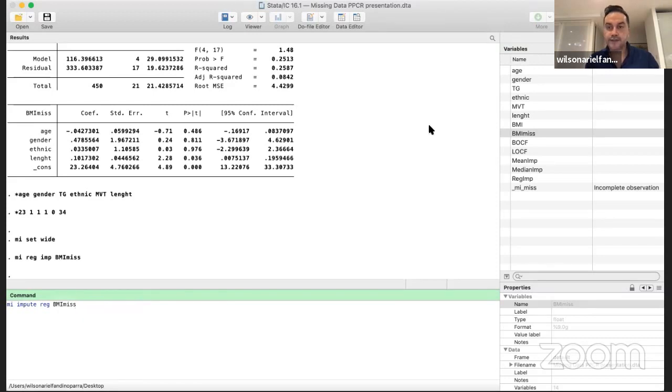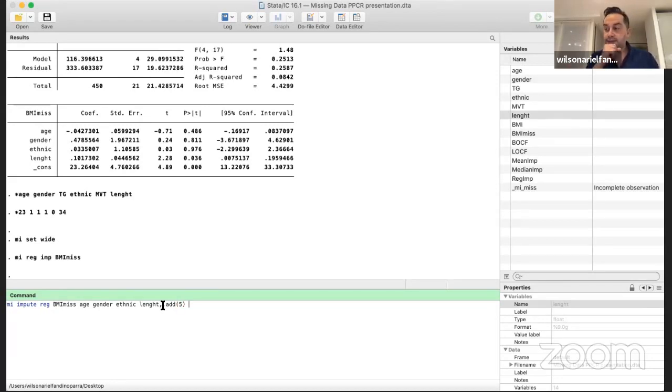And then you just need to include the variables you are interested in: age, gender, ethnic, length, for example. I'm just giving you an example. And then just put a comma there, and then you need to say to Stata how many data sets you want to generate. Okay, so again, the number of the data sets depends on how much missing data you have in the data set, but in this case I'm going to set up only 5.